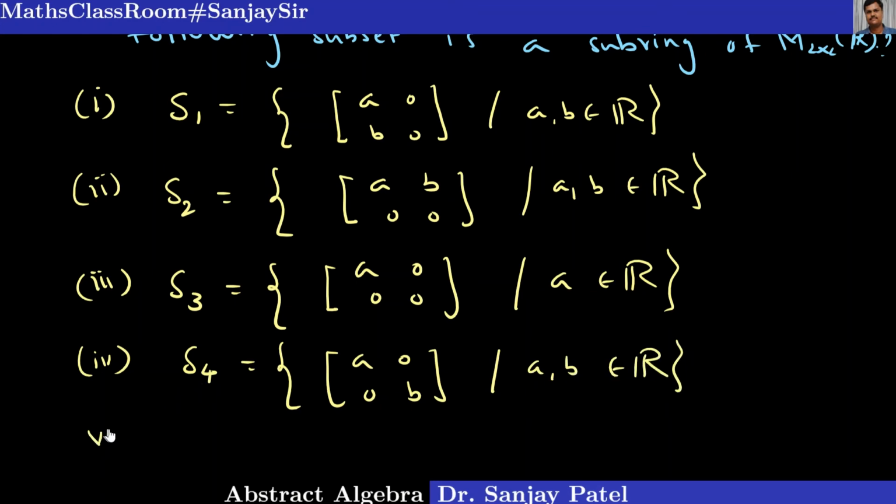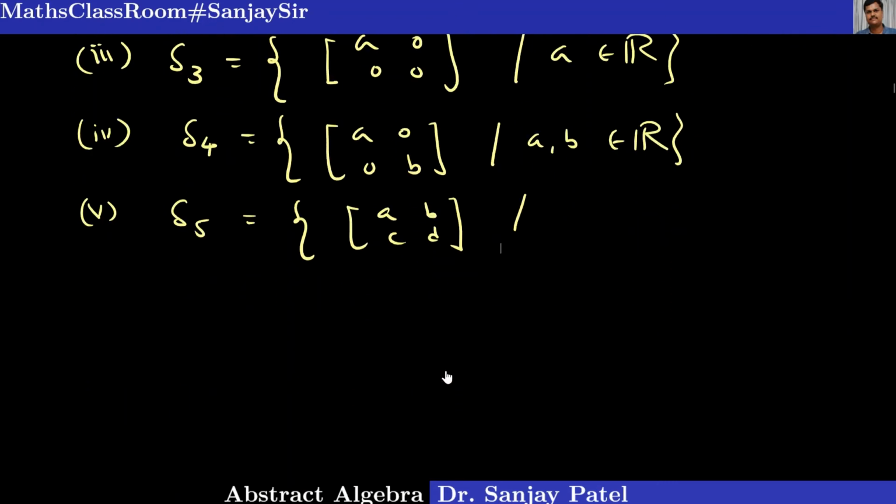Okay, and let me take one special problem. S5 is equal to the set of all matrices [A, B; C, D] where I take this way AD minus BC is not equal to 0.